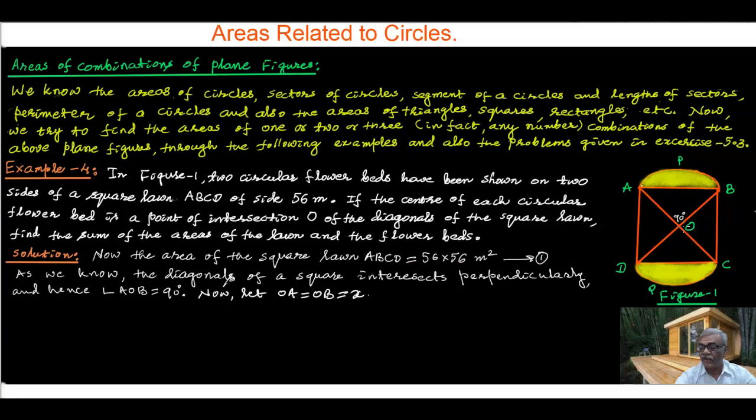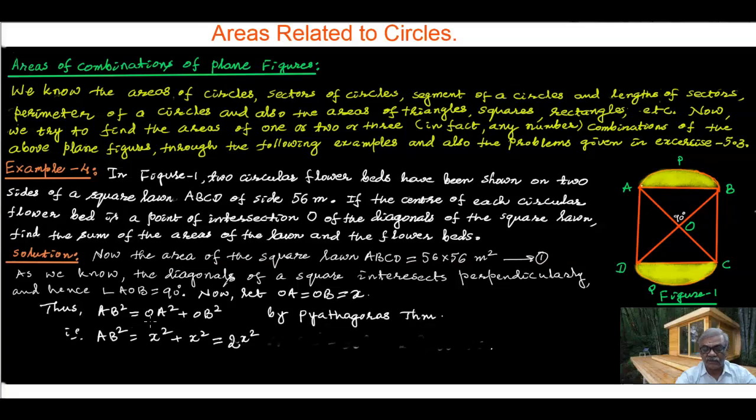Let me call OA equal to OB equal to x. Therefore, by the Pythagoras theorem, AB square is equal to OA square plus OB square, that is AB square is equal to x square plus x square, equal to 2x square.